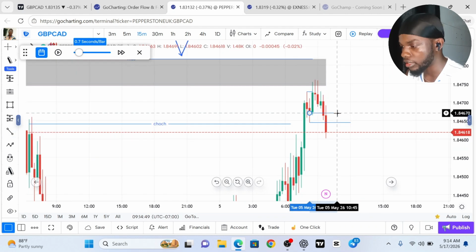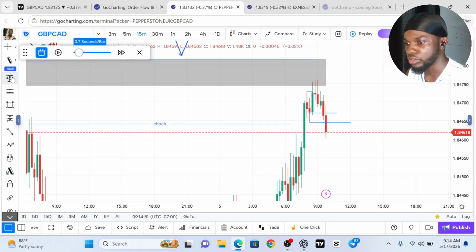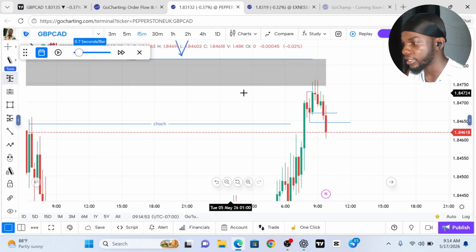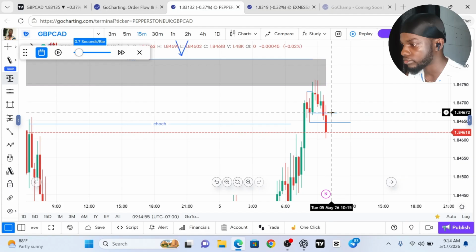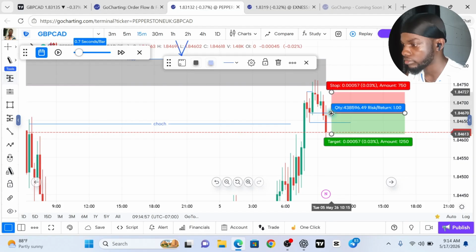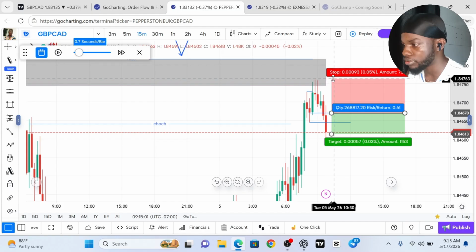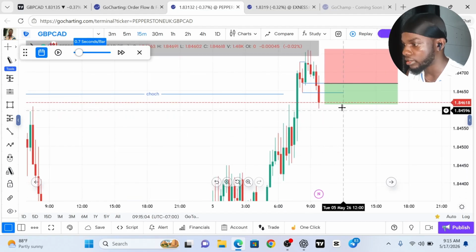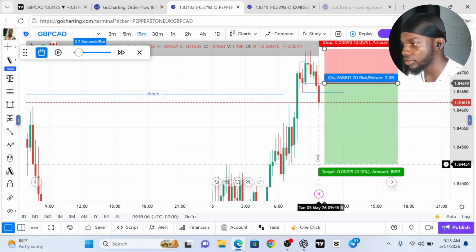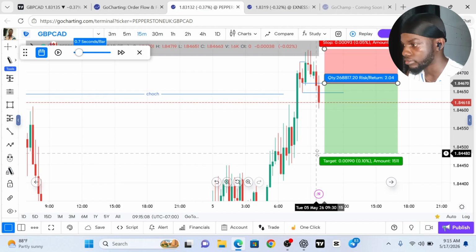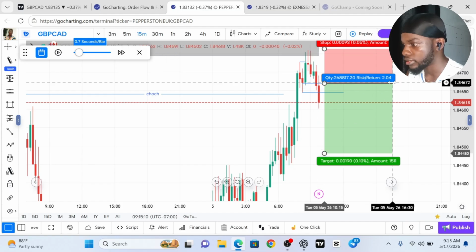So this is my key level right here. Then I put my sell order here, pending order right here. My stop loss should be slightly above here. Then I target 1:2 depending on the structure. So that is it.